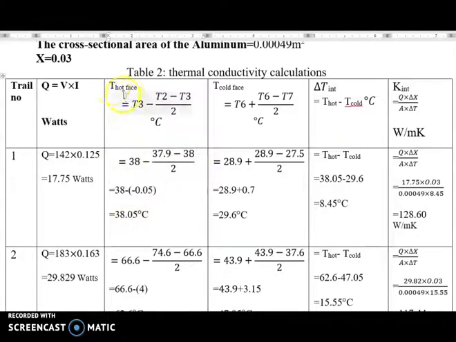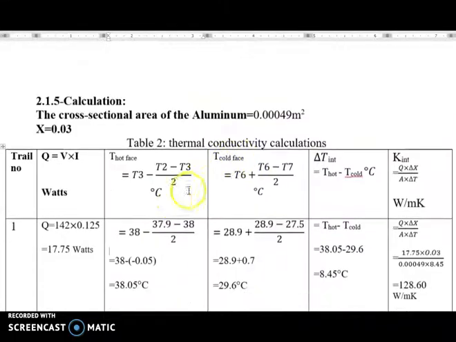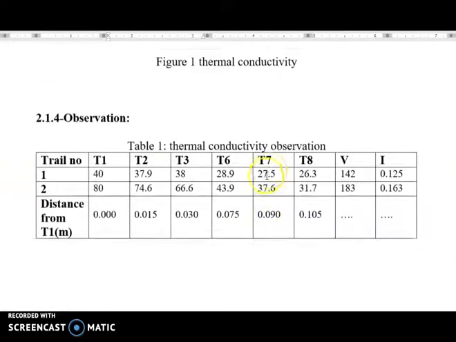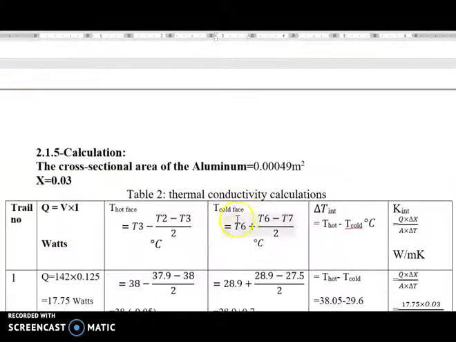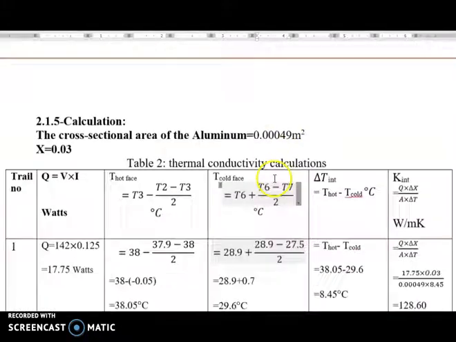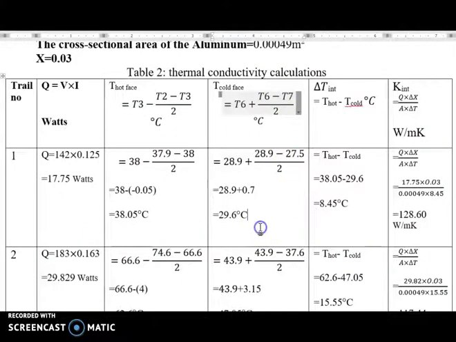When you calculate this, you will get the hot face temperature. As I said, T1, T2, T3 are hot, the top is hot, and the next is the cold face. T6 is 28.9, T7 is 27.5, and so on. So you can calculate the cold face temperature.